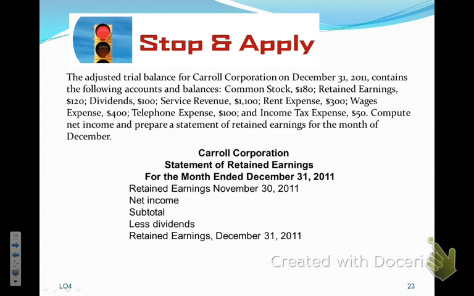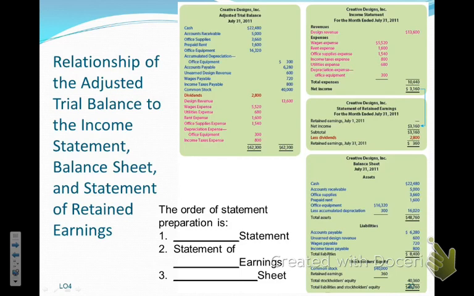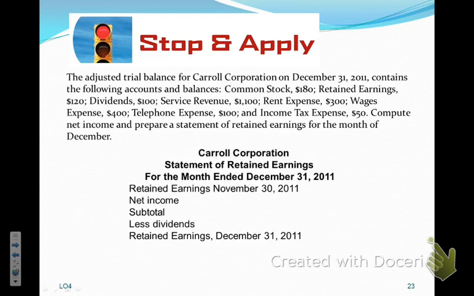So what you need to do is compute the net income and prepare a statement of retained earnings for the month of December. Now, in computing the income, remember, you can reflect back to how the income statement is prepared. Make sure that when you're calculating the net income, you're using only accounts that would be reflected on the income statement.